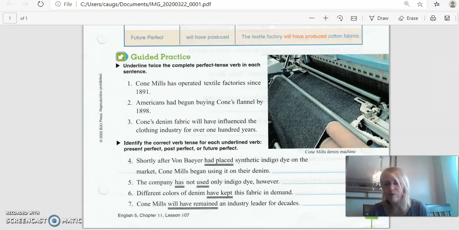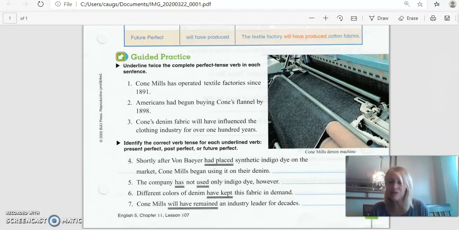Now, before you quickly put something on that line, let's look back up at the purple section. It says if you use has plus the past participle, has means present perfect. Present perfect. I know that some of y'all were thinking about putting past there, but it's not past. It's present perfect.